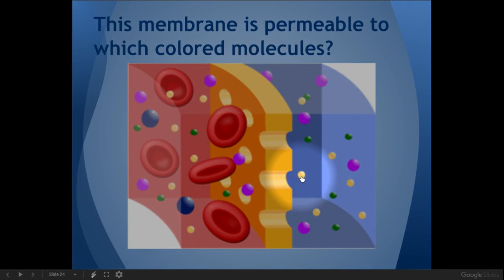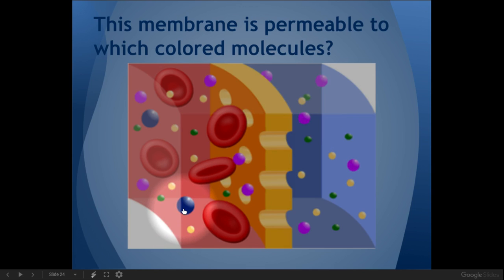Well, can the yellow molecules go through? Does this molecule here look smaller than that hole? If so, then it can go through. Does this green one look smaller than the hole? Then it can go through. How about that purple one? How about this dark one down here, this dark blue? That might be a question. I think so far we have the yellow, the green, the purple.